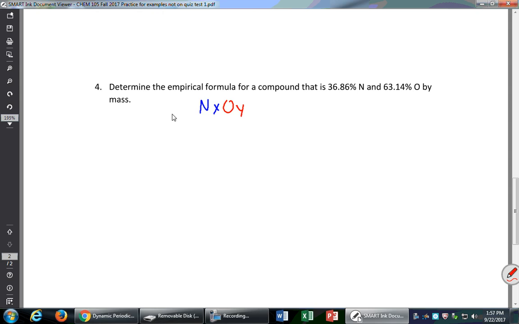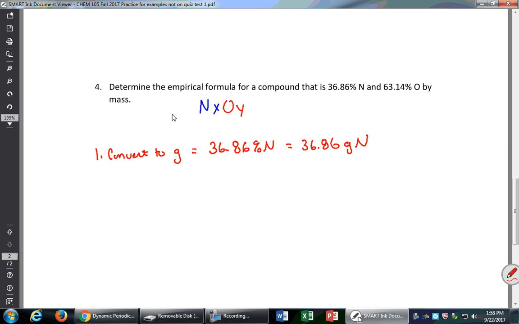So our first step is to convert that to grams. And again, we're assuming that we have 100 total grams. So we have 36.86% nitrogen, so that means we have 36.86 grams nitrogen. Now remember, what's important is that we cannot relate grams nitrogen and grams oxygen. We have to convert that to our moles.